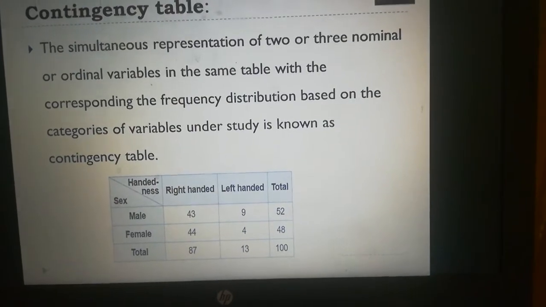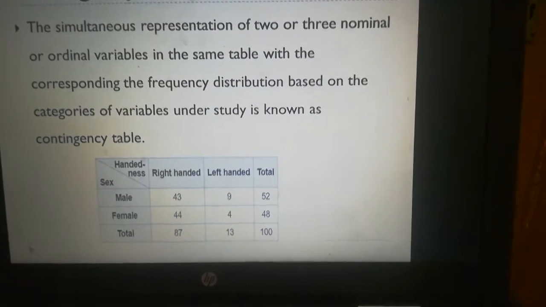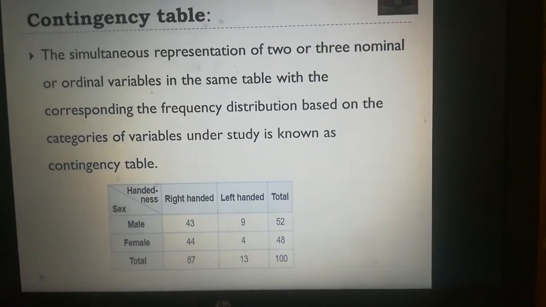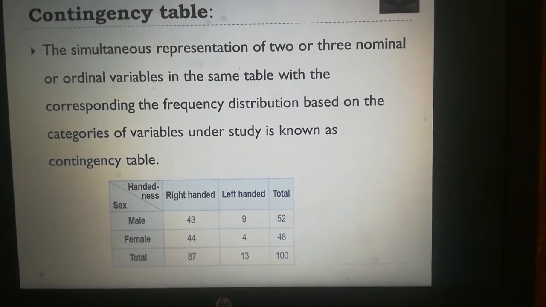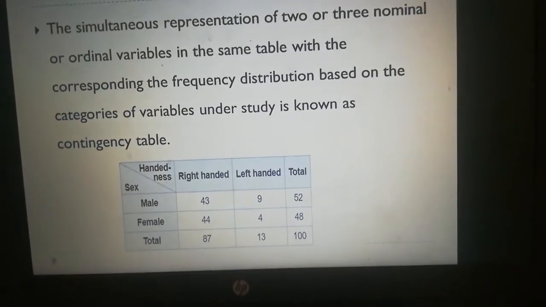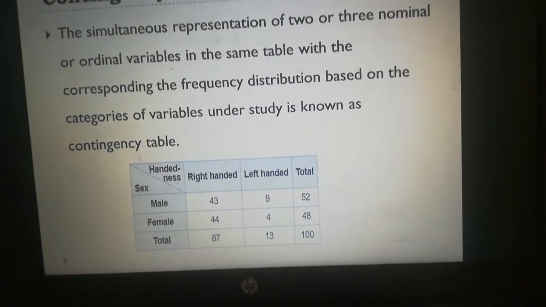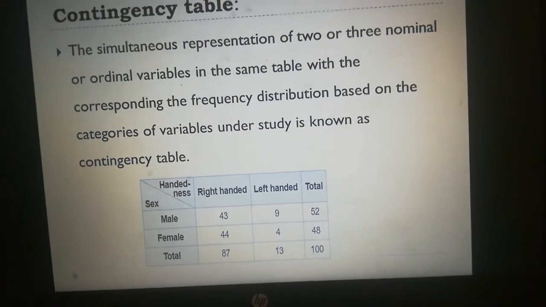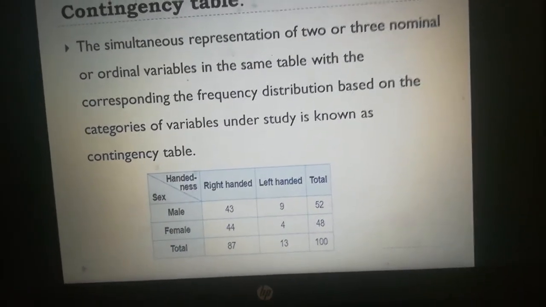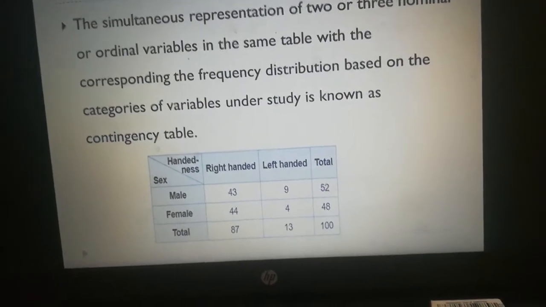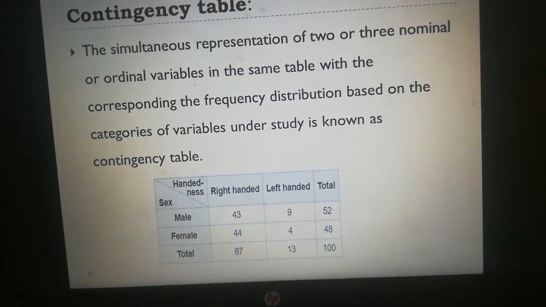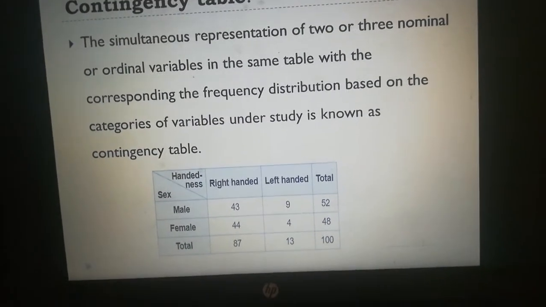And the total number of males is 52. And out of 100, again, females: how many right-handed? 44. How many left-handed? 4. The total female in this sample is 48. Again, we could see that out of the sample, the total right-handed is 87, 43 plus 44. Again, left-handed is 13 out of 100.